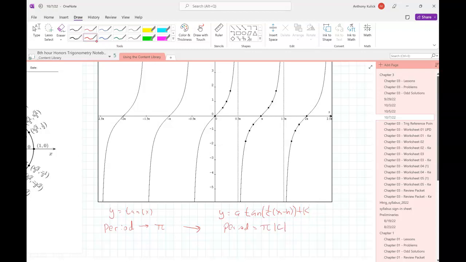This can be pi times absolute value c. Don't be shy. It's the same thing as before, right? What's the only difference? It's pi instead of 2 pi, and that's just because the fundamental period for tangent is pi instead of 2 pi.